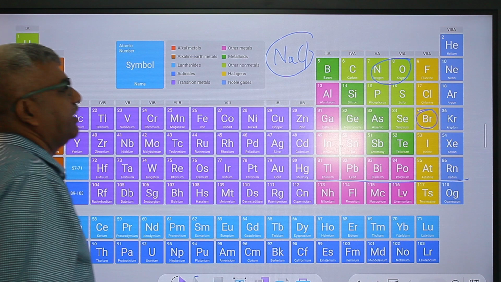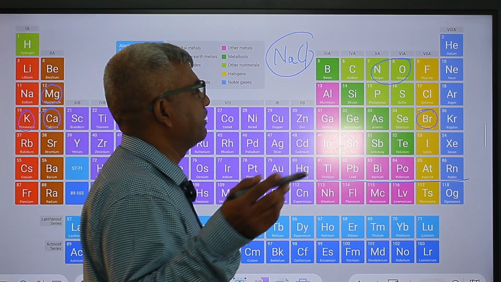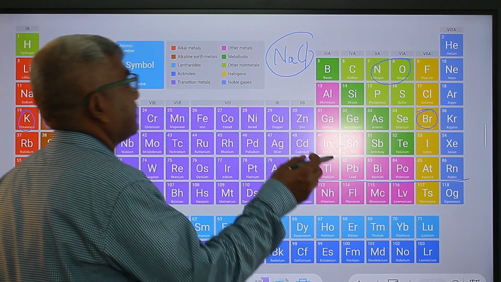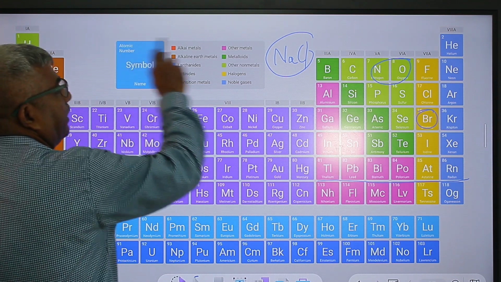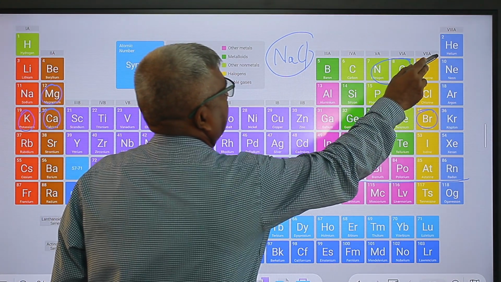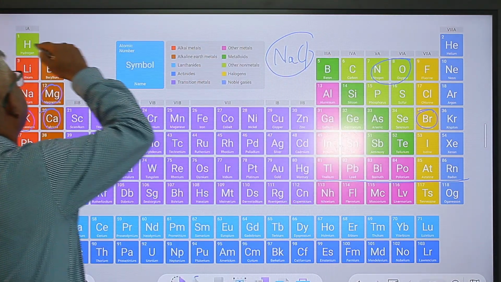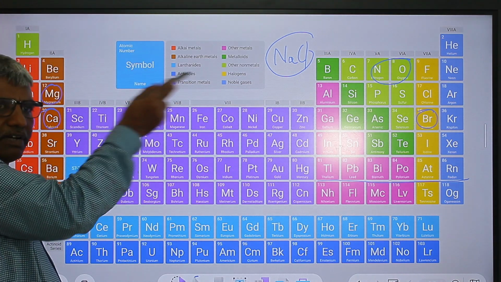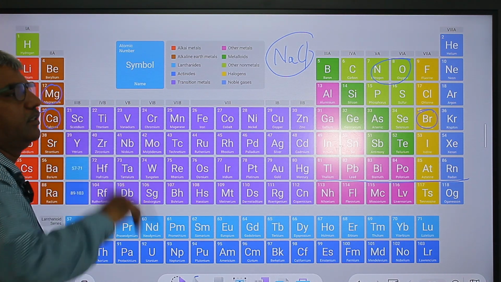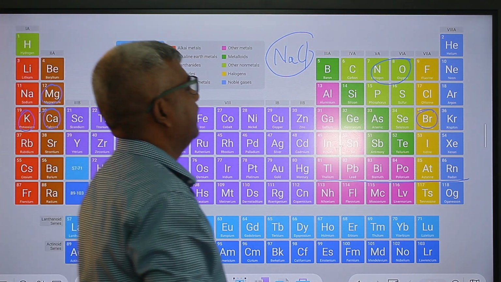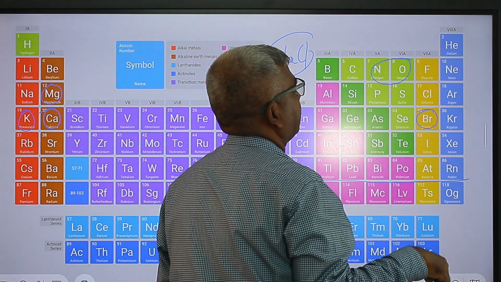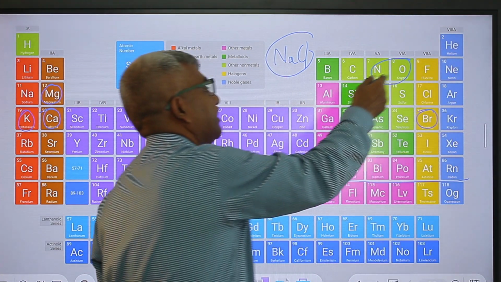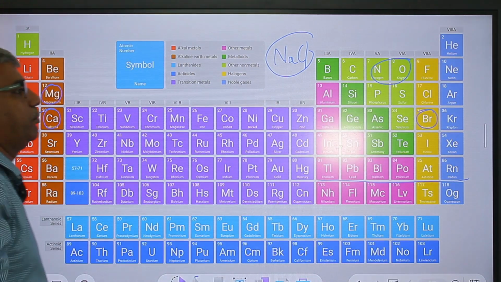One of the things I forgot to tell earlier, atomic radius. Atomic radius decreases from right to left. Okay, and metallic properties increase across the periodic table.